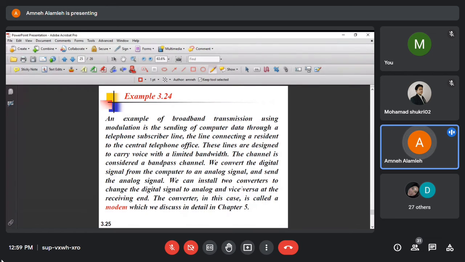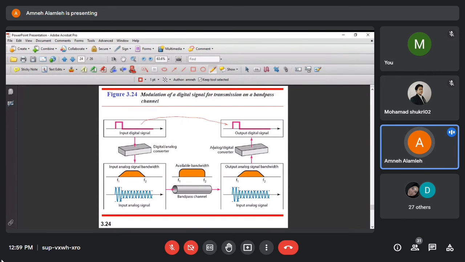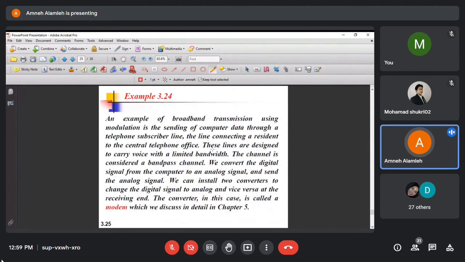An example of broadband transmission using modulation, the modulation process which we just showed, is the sending of computer data through a telephone subscriber line. At the beginning of the internet, we were using the telephone subscriber line, the line connecting a residence to the central telephone office.